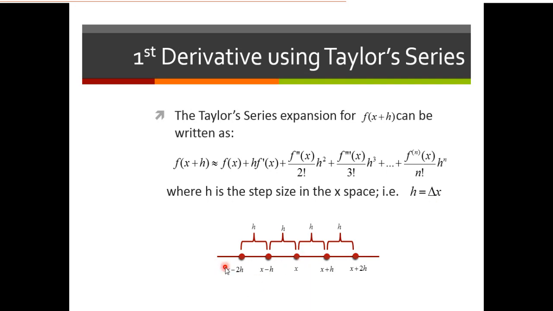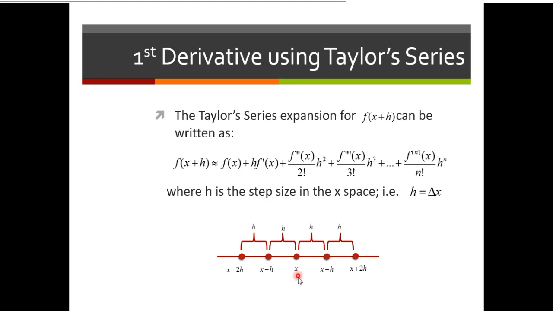For example, say you have one set of data; the h value is the difference, or the interval, between one point and the other point. And normally when you do the derivation, you need to use the same h value throughout your calculation.